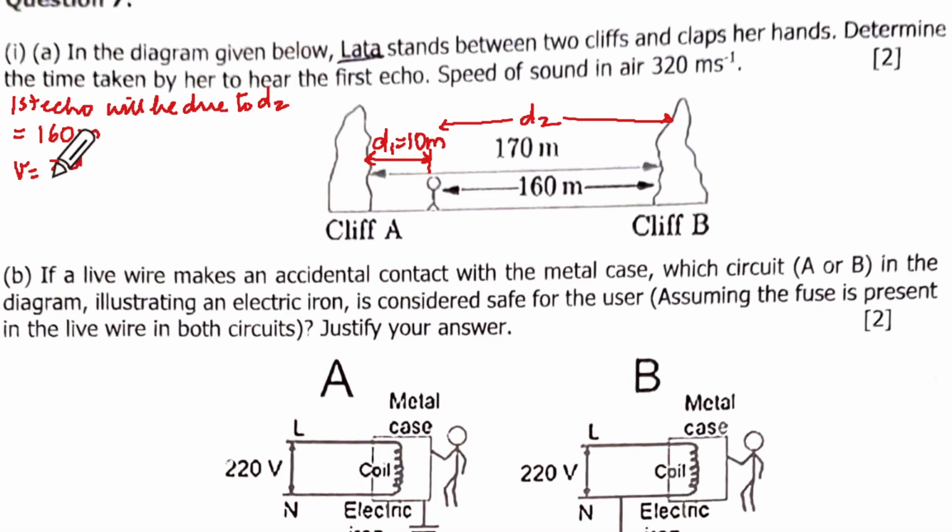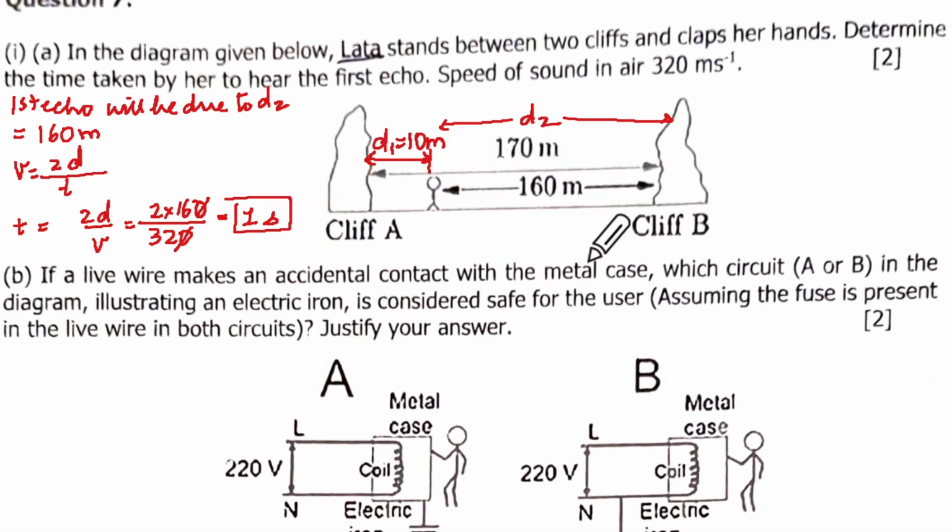So 2D upon T, so you will have T equal to 2D upon V. That will be equal to 2 into 160 upon 320. So that will be 1 second. And this is for 2 marks. You can see that it's an easy question.